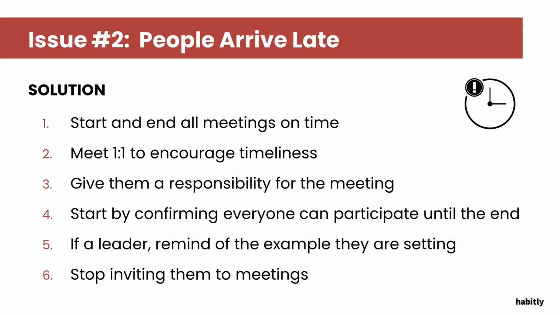And once again, if people are arriving late chronically, just stop inviting them. Just say, hey, I'm not going to put up with it anymore. And by the way, I want to go back to number one. You have to start on time. You can't wait for people and then whine that they're late and complain. Start on time and they will learn to show up on time, or they're maybe not worthy of being in the meeting.